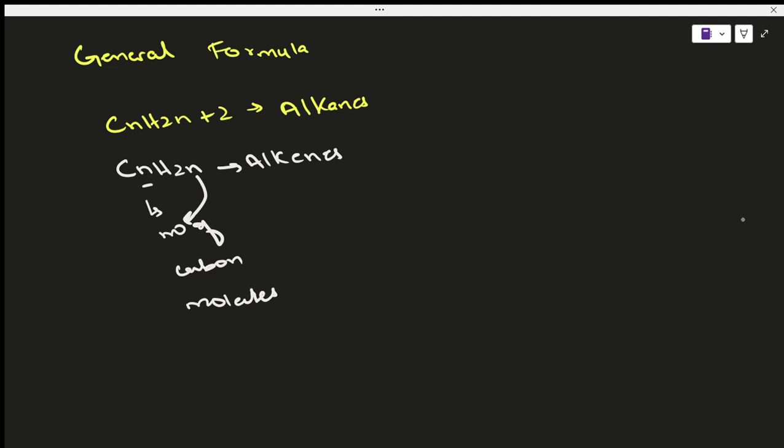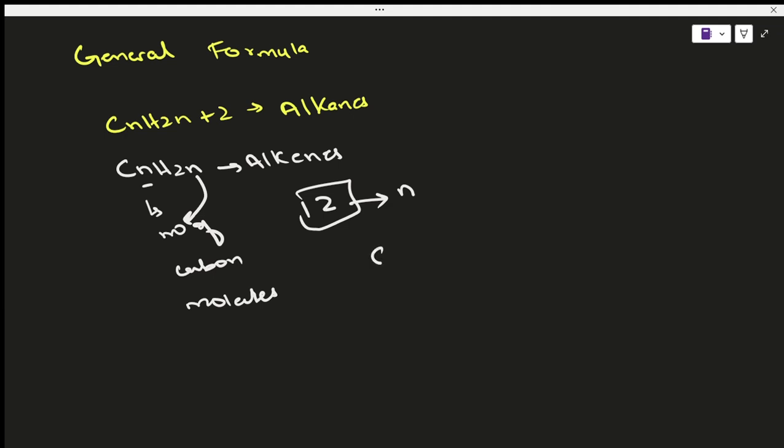So let's say the examiner says that you have an alkene molecule that has two carbons present in it, and you want to know the whole molecular formula. What you're going to do is place the value of n, because this is the number of carbon atoms, in place of n.